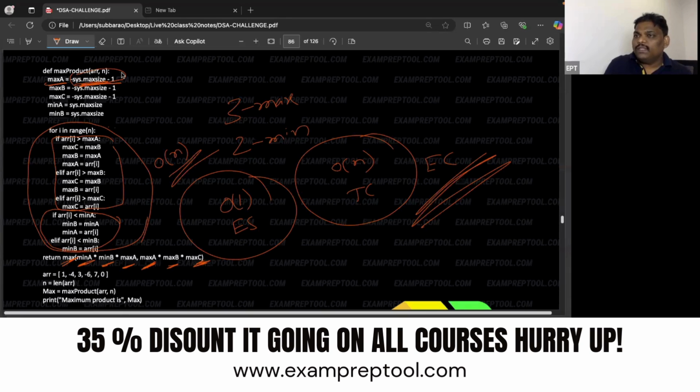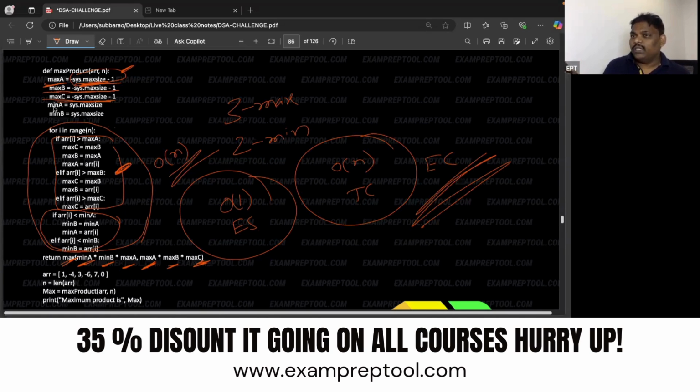This is going to be a very small minimum value possible in Python. Initially, assume max A has a very small value, max B also, and max C also. Whenever the process is going on, you will keep updating them.